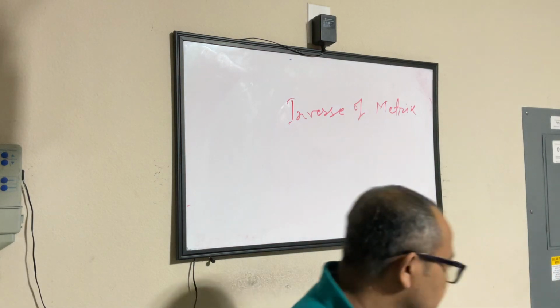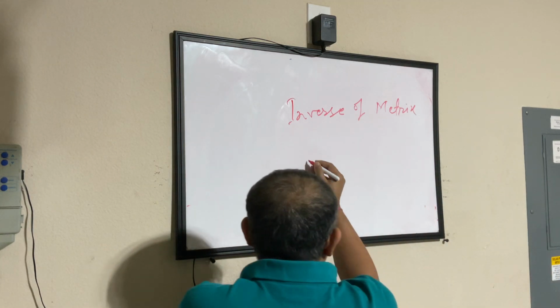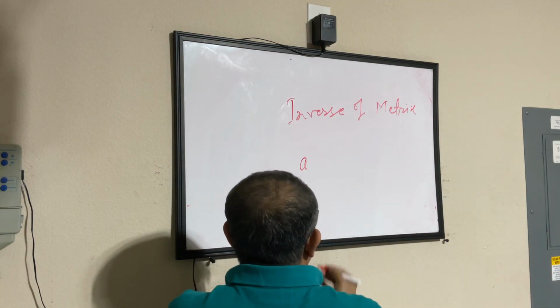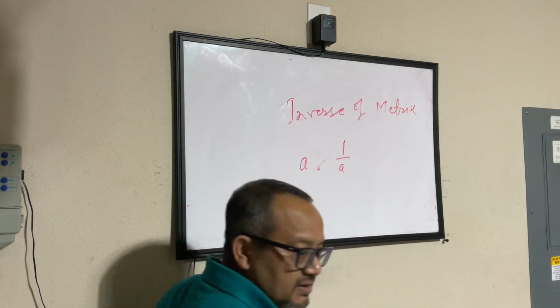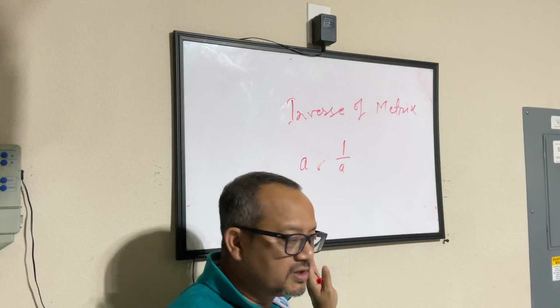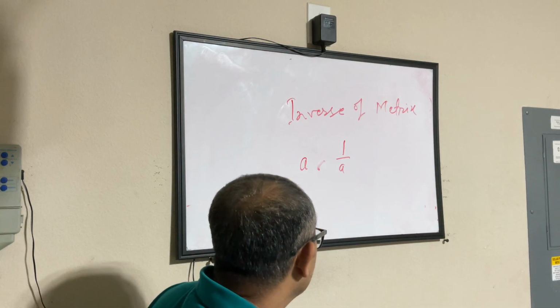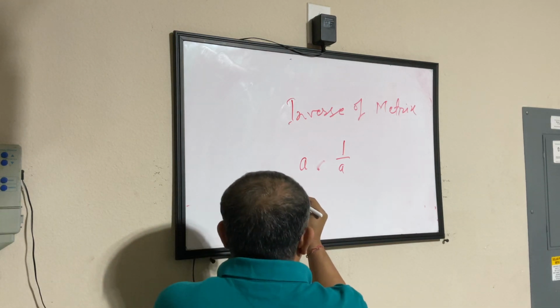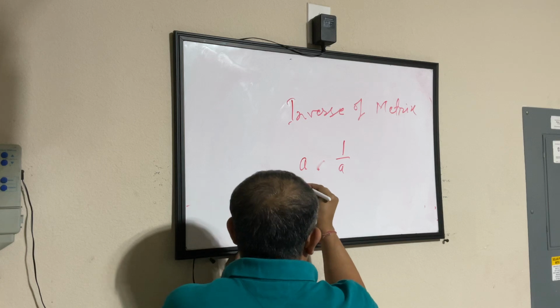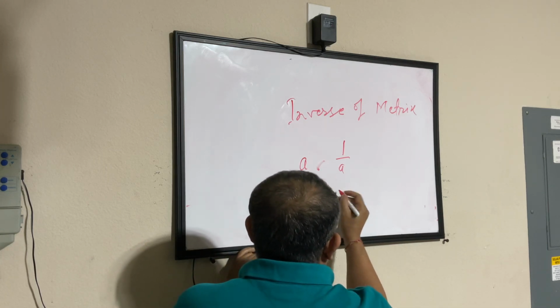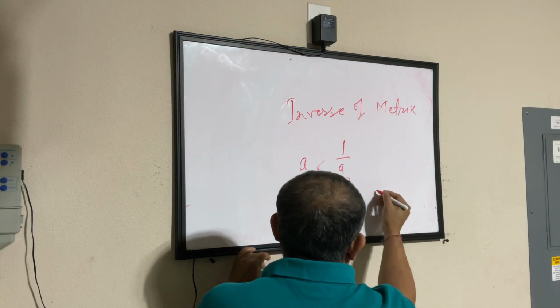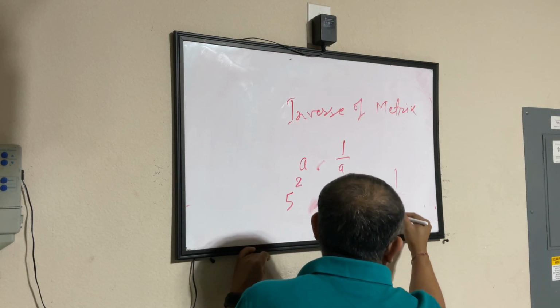Yeah. So as you would have seen, this is A. The inverse of A will be 1 by A. That is what we talk about, right? If I am talking about 5 to the power 2, the inverse of that will be 5 to the power minus 2, because this becomes 1 by 5 to the power 2.